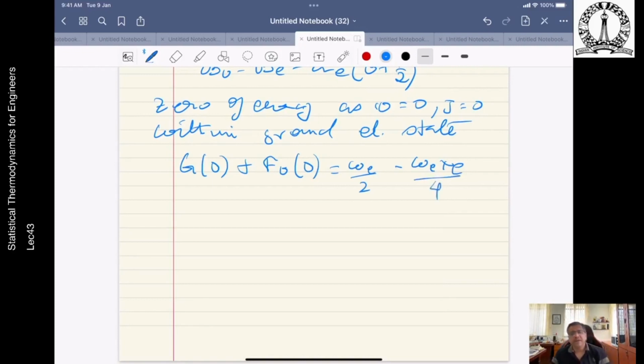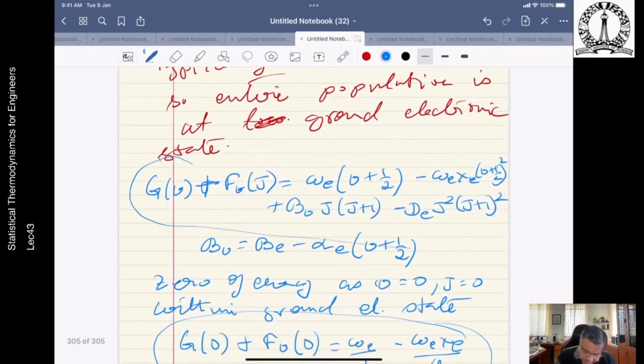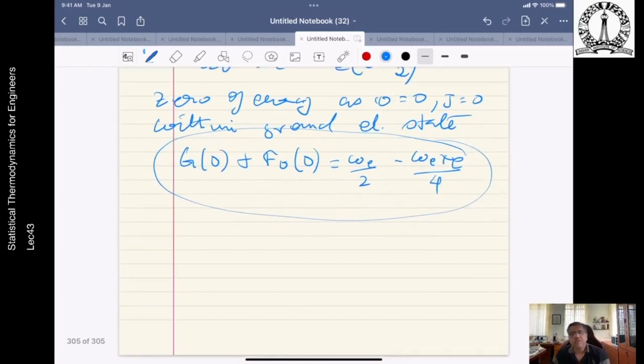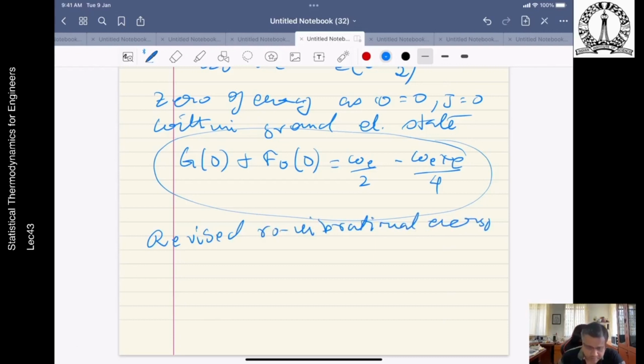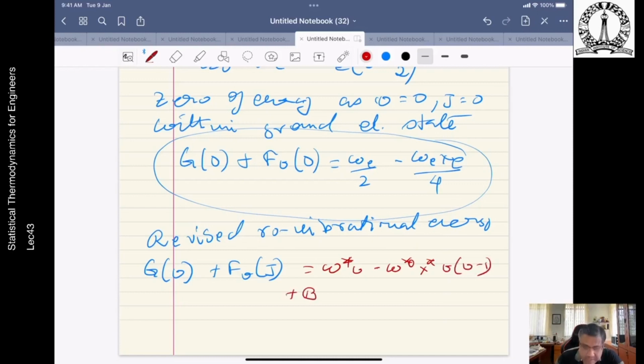Now if we subtract this from the previous version, we yield the revised rho vibrational energy, GV plus FVJ, which is equal to omega star, V into omega star X star times V into V minus 1, plus B star J into J plus 1, minus D E J squared J plus 1 whole squared, minus alpha E V J into J plus 1.